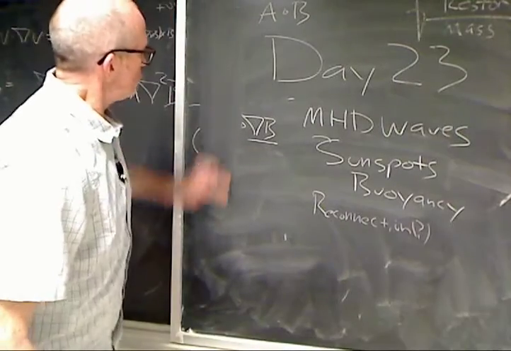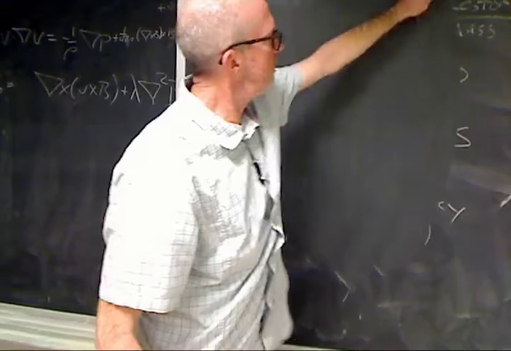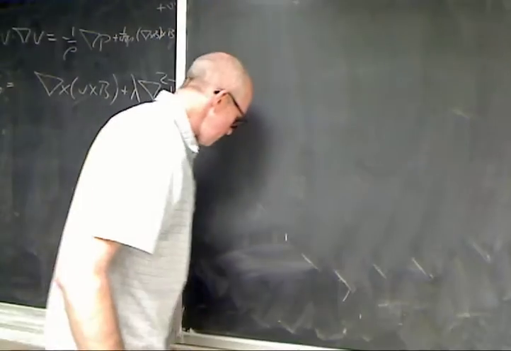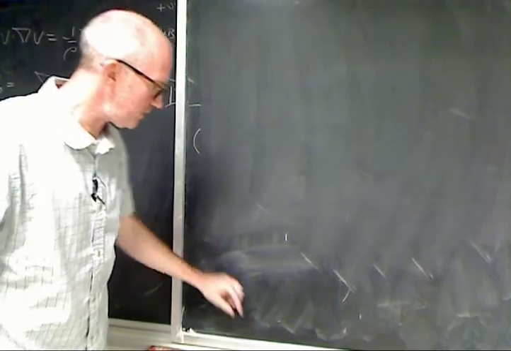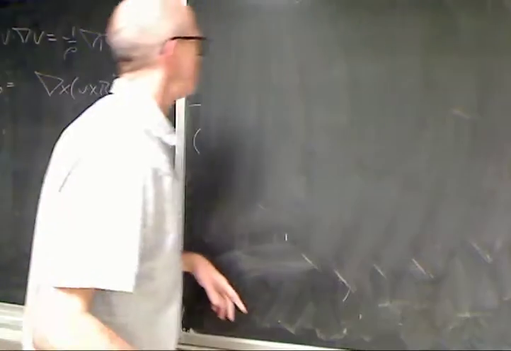So MHD waves. I went through the derivation of Alfvén waves last time, and I'm going to talk about them again by way of this diagram. I'm going to point to that, but I'm going to draw it again.